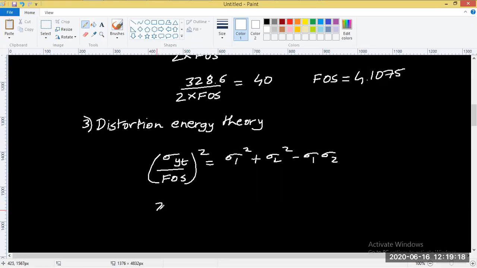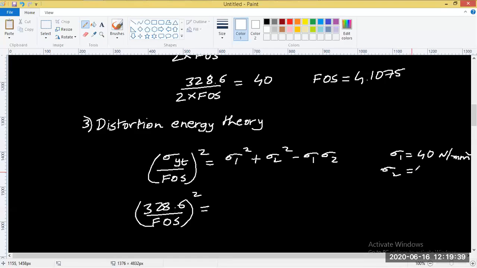So this is 328.6 divided by the factor of safety, the whole squared, is equal to, here sigma 1 will be the maximum, that is 40 Newton per mm squared, and sigma 2 will be 20 Newton per mm squared.